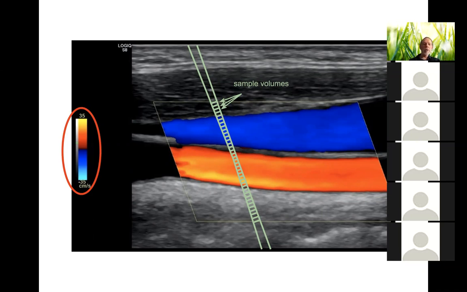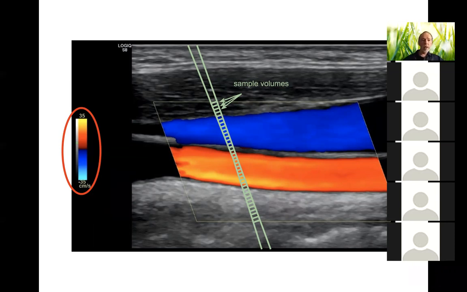The numbers at the upper and lower limits of the color bar, 35 centimeters per second, represent the machine's calculation of the velocity that would just reach the Nyquist limit. So the Doppler shift at the top of the color bars would be equal to the Nyquist limit, one half of the pulse repetition frequency.